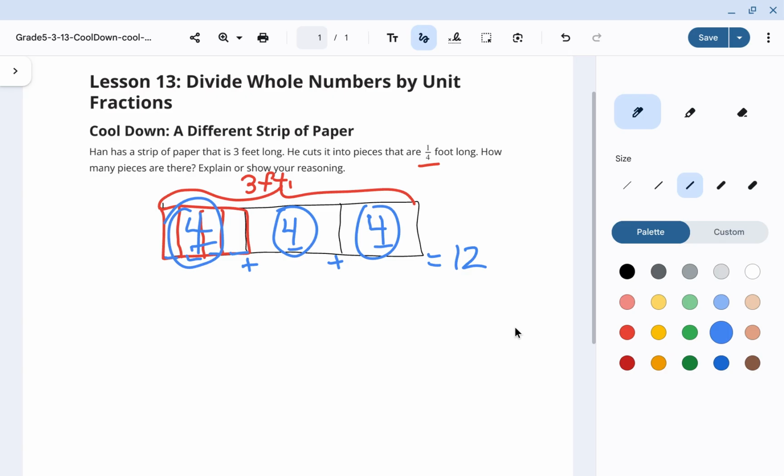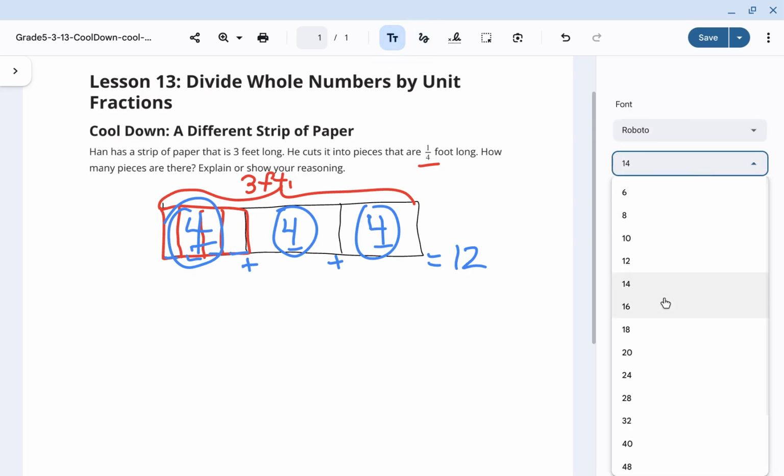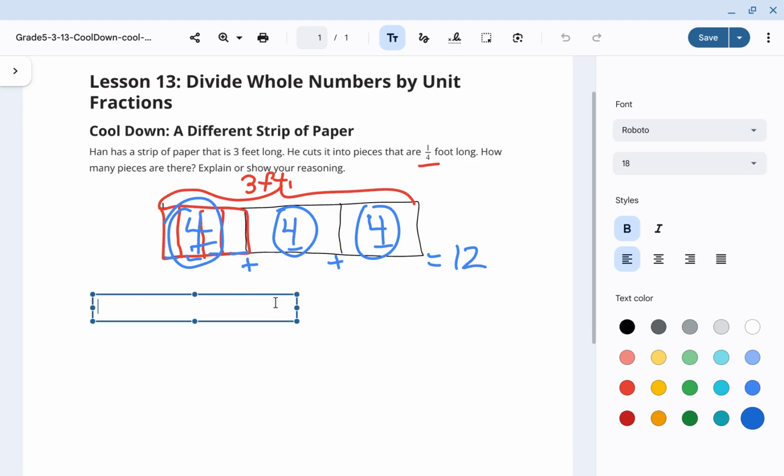Now, this did ask me to explain or show my reasoning, and I'm going to type just a little bit more to show that I am really thinking about the 12, what that 12 means in context of the answer, and exactly how I know.